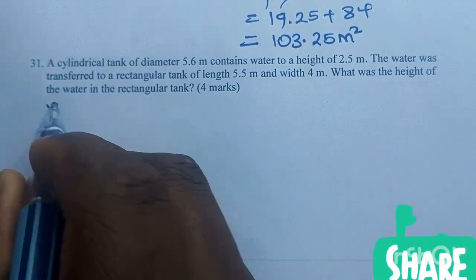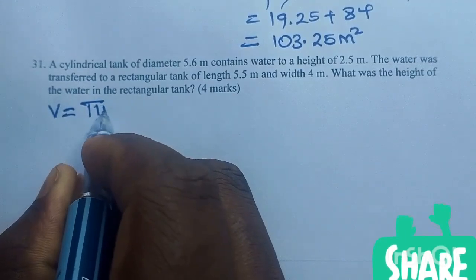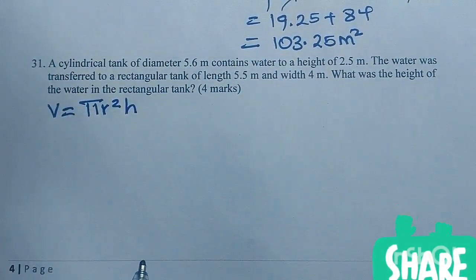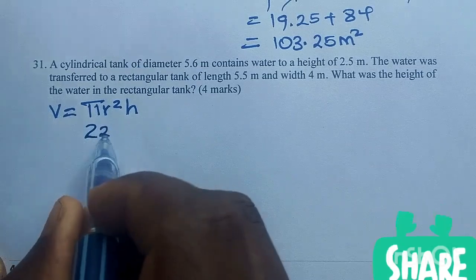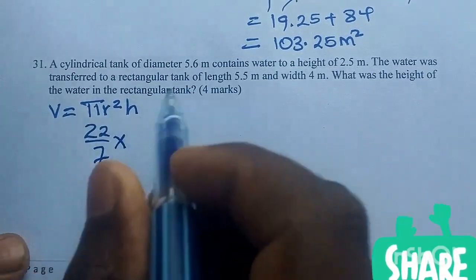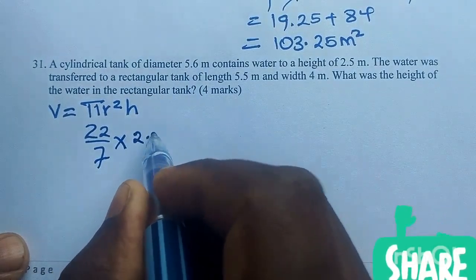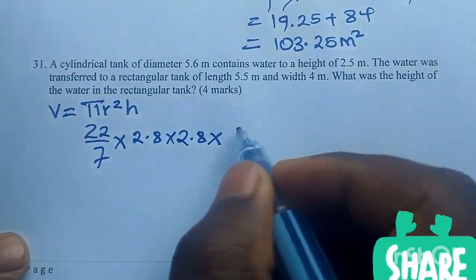The volume of a cylinder is given by pi r squared h. So pi is 22 over 7 times the radius. If the diameter is 5.6, then the radius is 2.8, times 2.8. And then the height is 2.5.